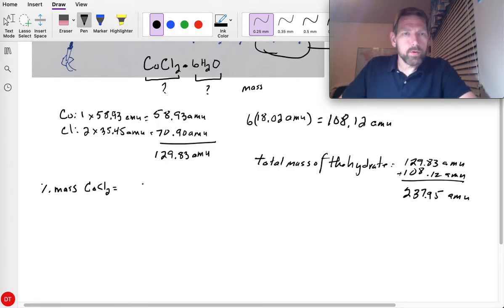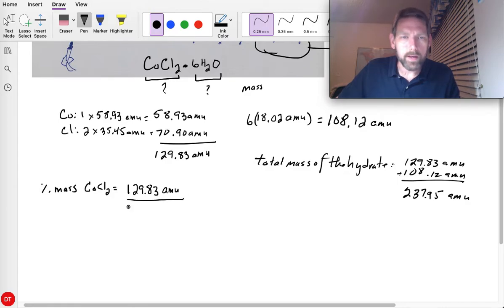Let's think about this. So cobalt chloride, it's 129.83 AMU divided by the 237.95 AMU. Those units are gone.